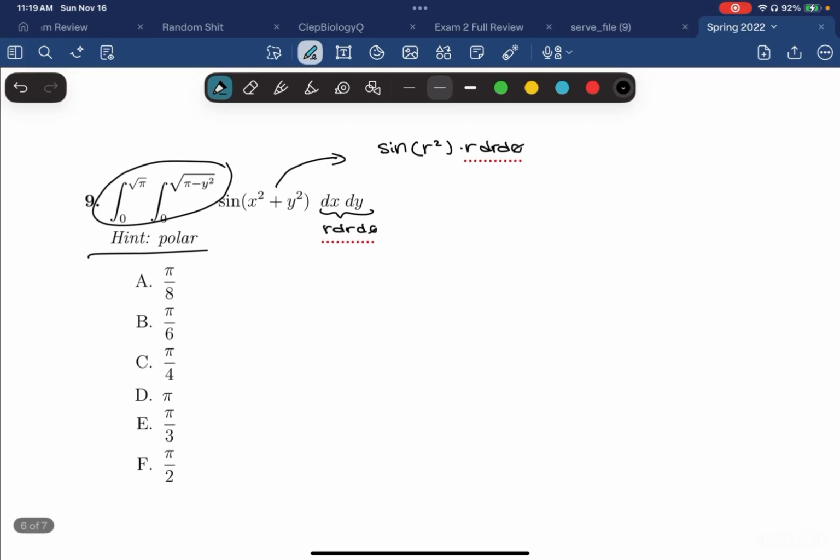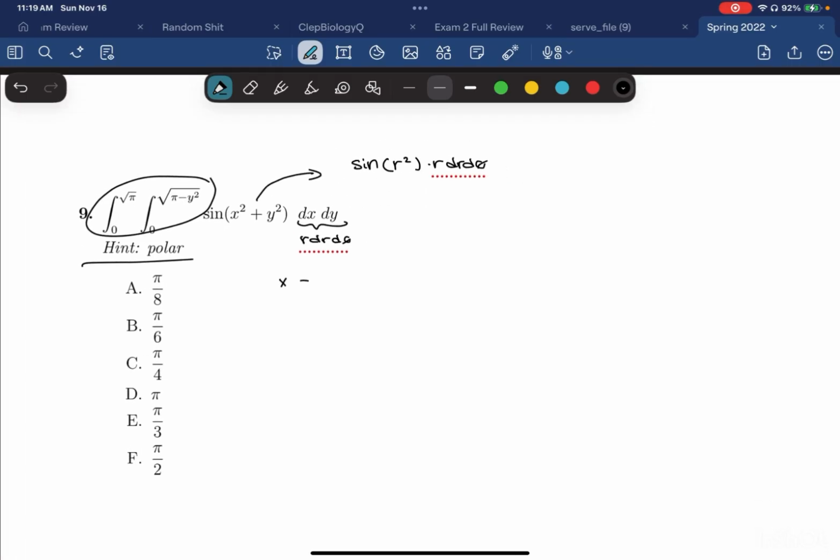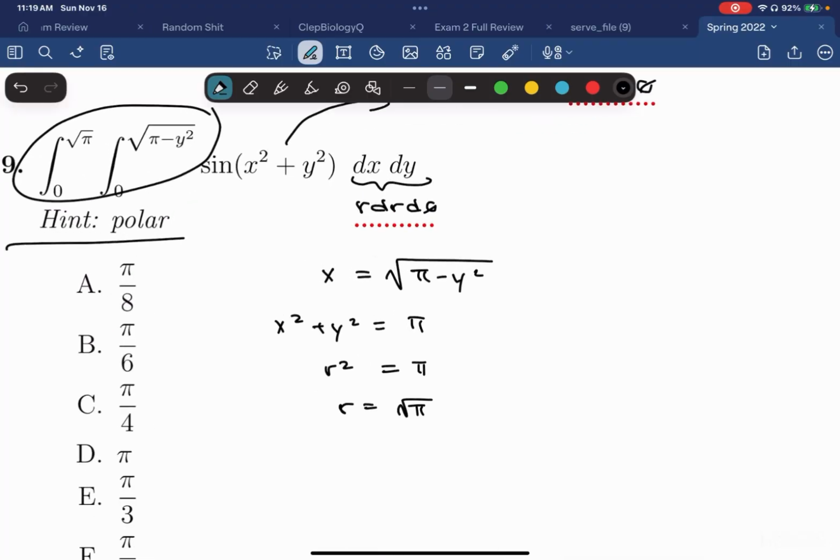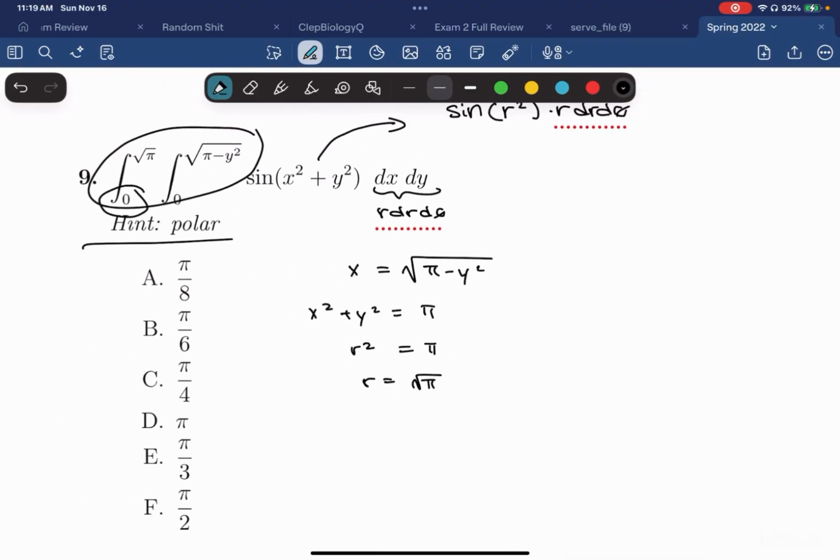And then since we know that in this case x is equal to the square root of pi minus y squared, we can just simplify this and say x squared plus y squared is equal to pi. It means that r squared is equal to pi, which means that r is equal to square root of pi. And now, if we want to find our other bounds, we got to look over here, right?